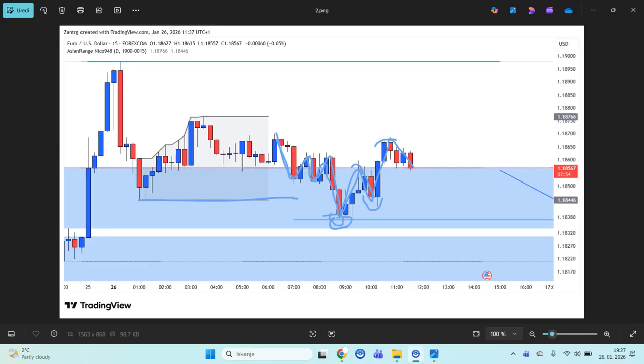After this liquidity was taken, we had this higher low, a new high, and also this bullish fair value gap imbalance here.